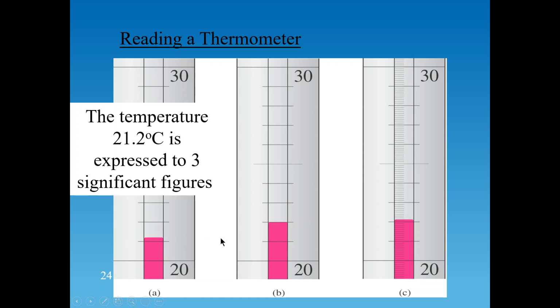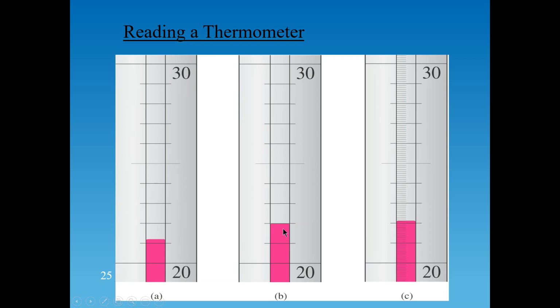Now for the second thermometer, you'll notice that the mercury level gets up to this mark right here. So this is 21, so that obviously means that this is 22, I'm sorry, right? So we know that it's 22 point something. Now the question is, what would be the digit after the decimal point? Because you must have a digit after the decimal point to get the correct level of precision, because after all, the scale that we have here is the same as the scale that we have in the previous example.